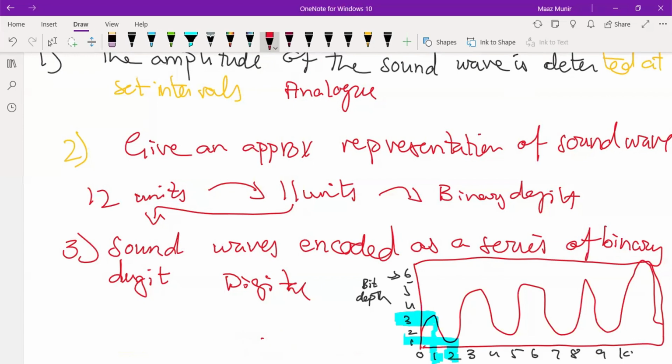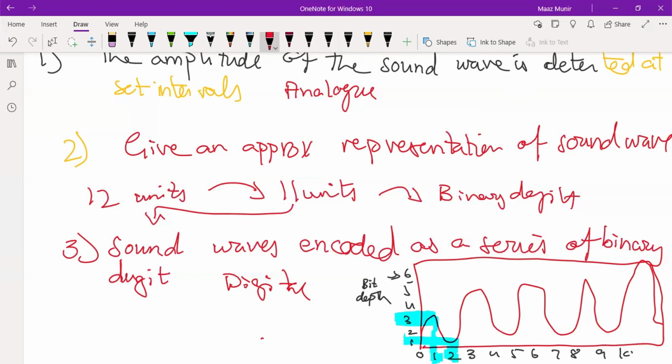So at different intervals, we see when the sound is at its maximum volume, and we measure that. Then the volume is dropping, which would be at a different interval. Then it's again increasing, again a different interval, and so on. So in simple terms, we are measuring the amplitude or the bit depth of the waves at different times.